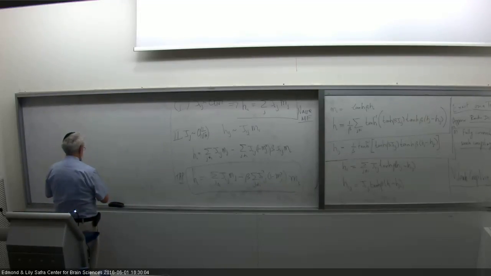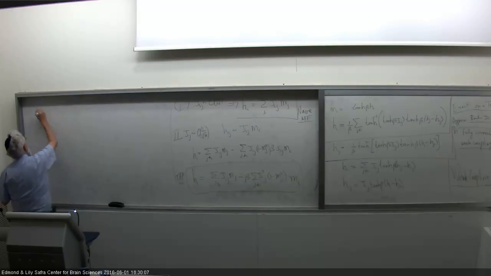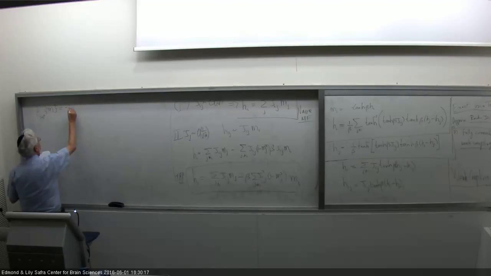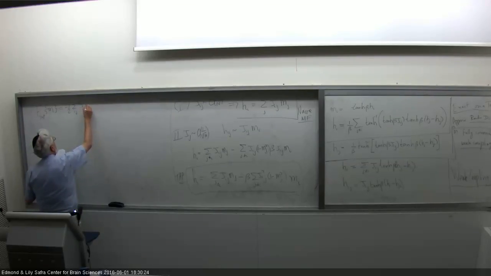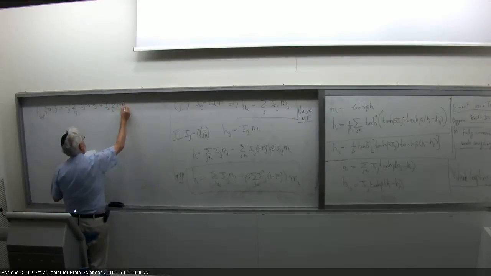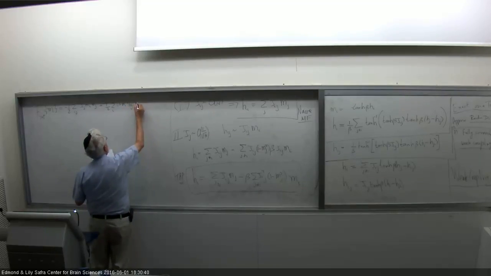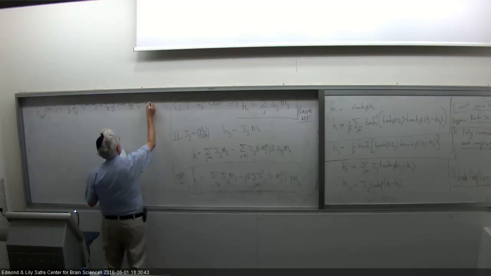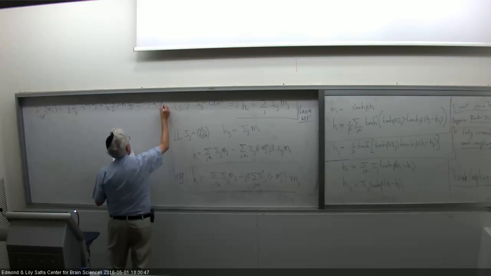But I just write it, the TAP free energy, which is a function of those m_i, is equal to minus 1/2 the usual entropy plus P over 2 sum over i of 1 plus m_i log of 1 plus m_i over 2 plus 1 minus m_i log of 1 minus m_i over 2.